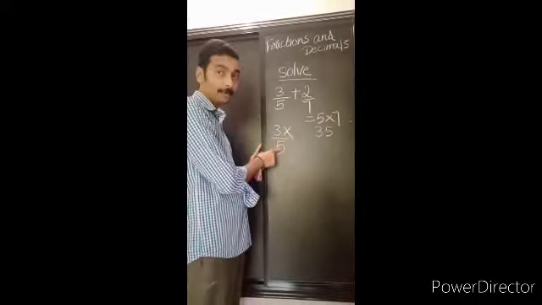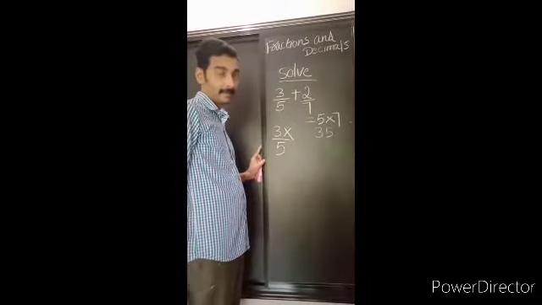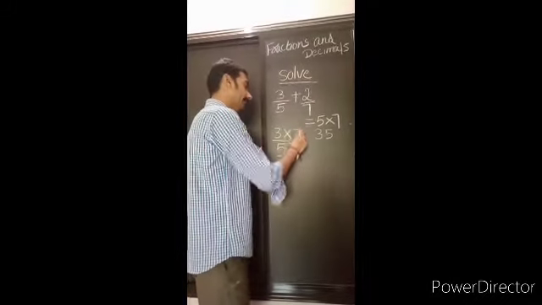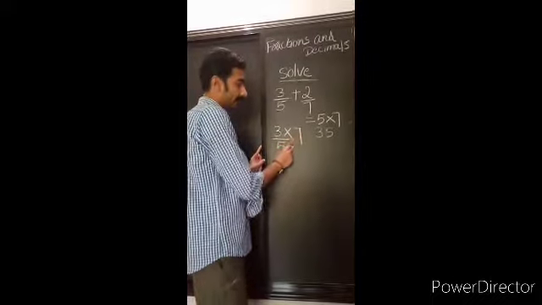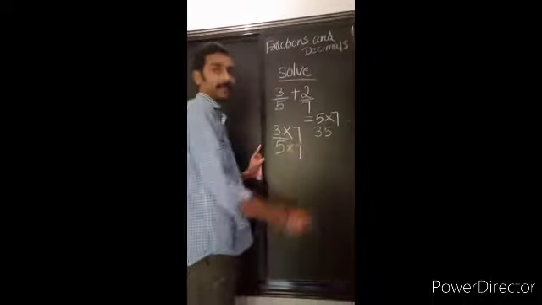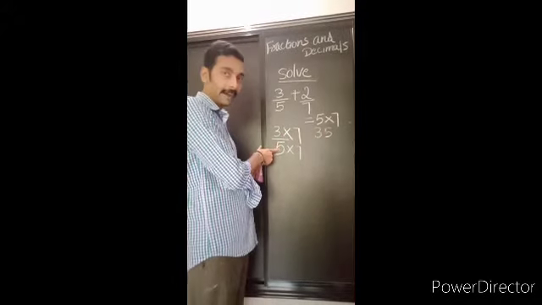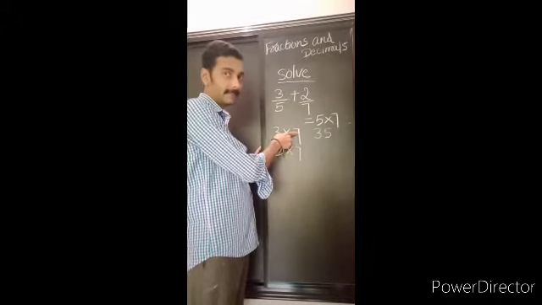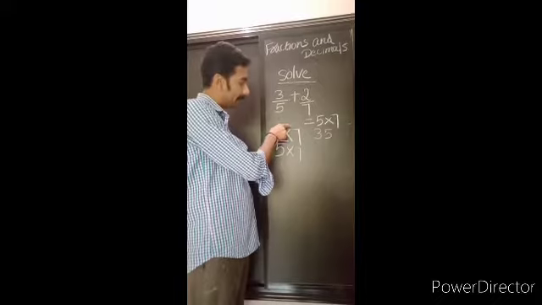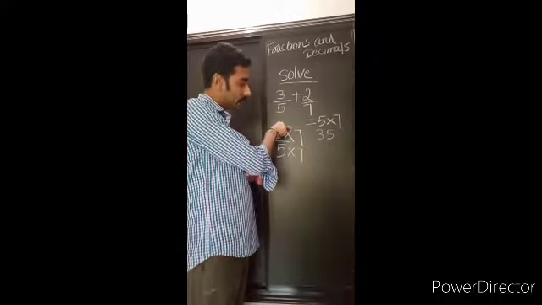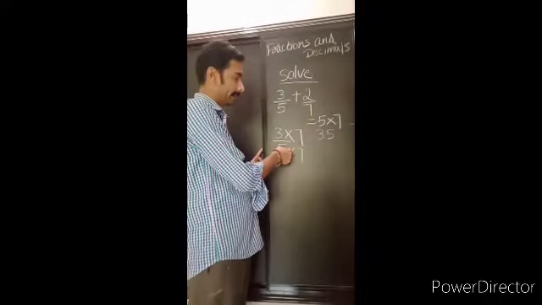We multiply 7 with the numerator and denominator.